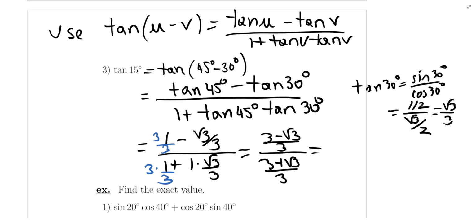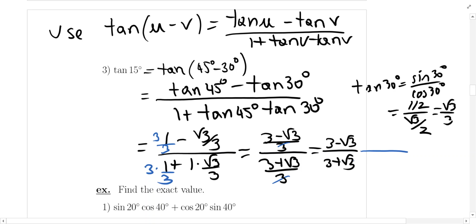The 3's are going to cancel. So what I'm going to get is 3 minus root 3 over 3 plus root 3. But I need to multiply by the conjugate. So the conjugate of the bottom is 3 plus root 3.